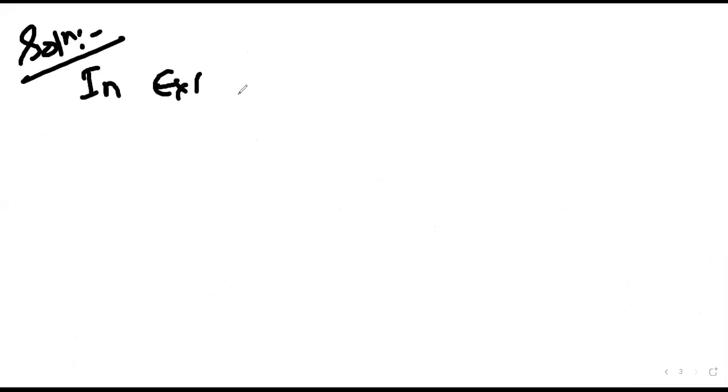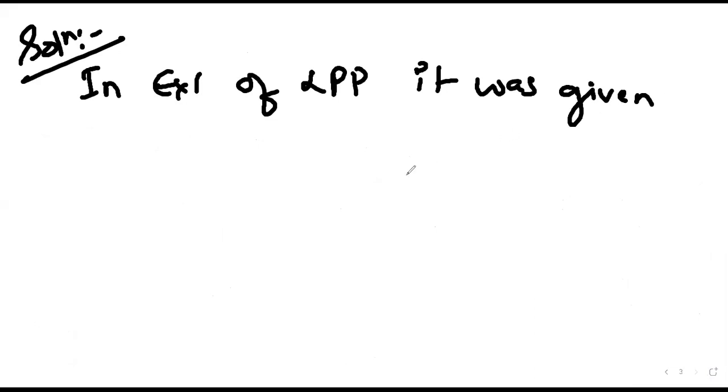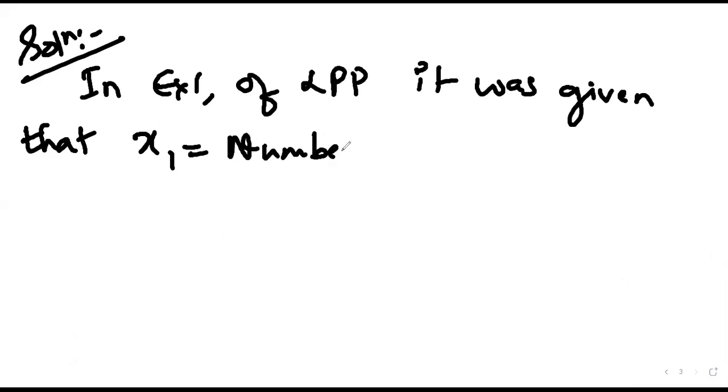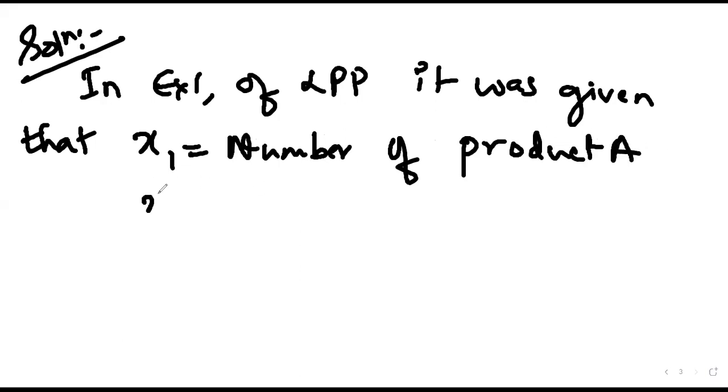In example 1, this explanation is not required in the examination, but since we have to understand the concept, I'm bringing this up. x1 and x2 are the number of products.